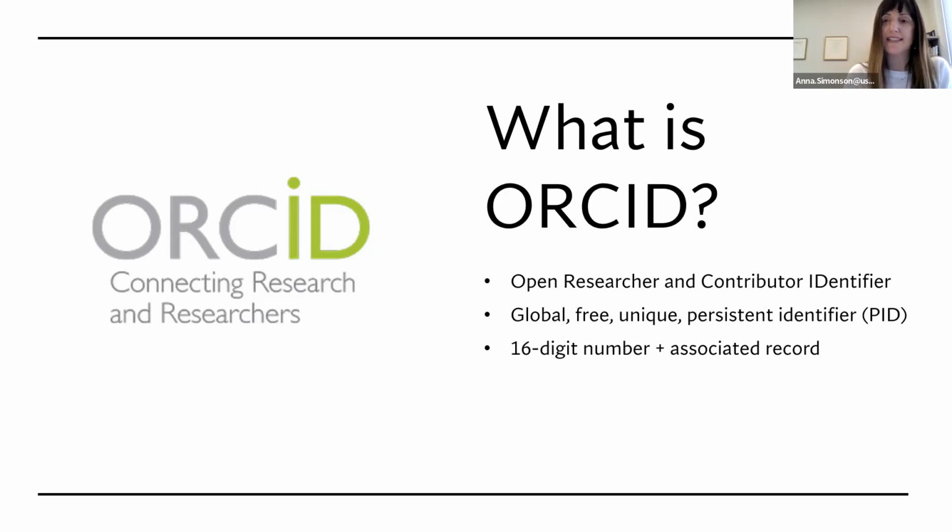When you say ORCID ID, you're referring to the 16-digit number that you actually get when you register for an account. That's your PID. When people ask for your ORCID ID, it's the 16-digit number. When you refer to ORCID, you're referring to the record that is created when you sign up for an account, because you get both of those things with that registration.